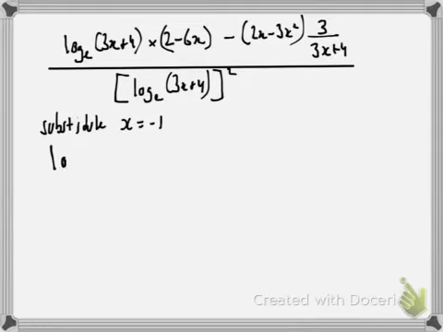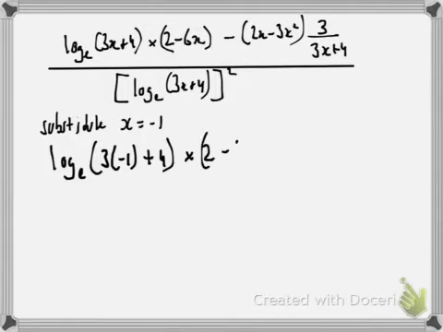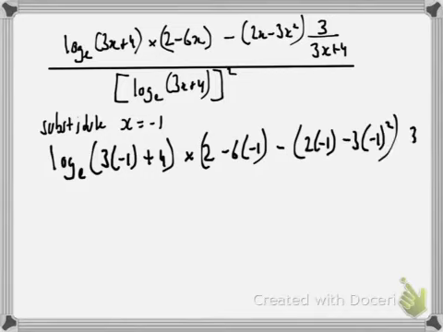So we get log, and we get 3 times -1 plus 4, multiplied by 2 minus 6 times -1, minus 2 times -1 minus 3 times -1 squared, times 3 over 3 times -1 plus 4.